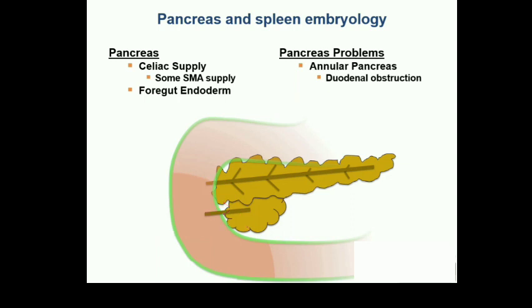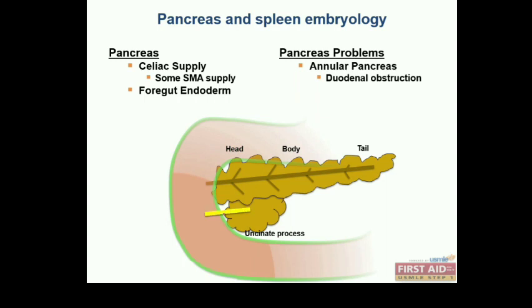The ventral pancreas fuses with the base of the dorsal pancreas to form its uncinate process. And here's the weird part. Even though the dorsal pancreas makes up the vast majority of the pancreas, namely its head, body, and tail, the ventral pancreatic duct ends up being the main outflow of the pancreas.